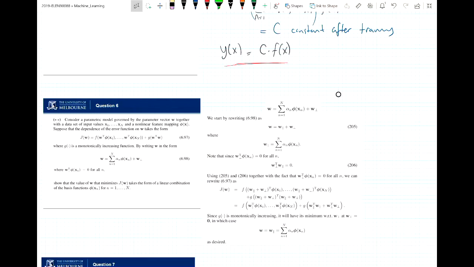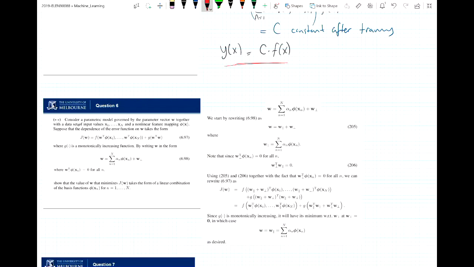I said in the slides that if we have a linear model, then the parameters of the linear model will have this form plus the perpendicular ones, which are orthogonal to the space spanned by the data set, and then they will not play a role. Therefore, we will not care about them. So can we show that? That's an example that shows it.